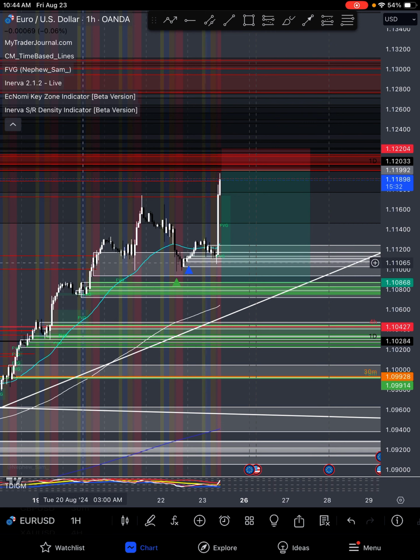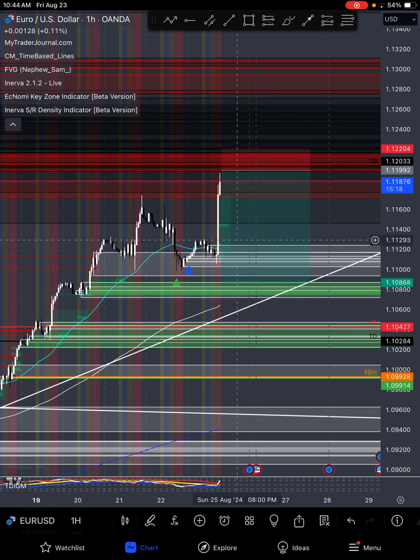So if you get your mind trained to enter from zone to zone, you can use these supports as your entries, like right here, giving you all of this support, like stairs, stepping up, saying that you can continue to go up, and it pulls back into it. There's your entry, and go up to your supply.